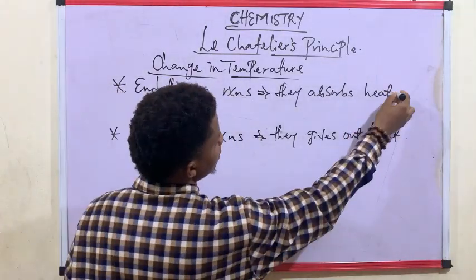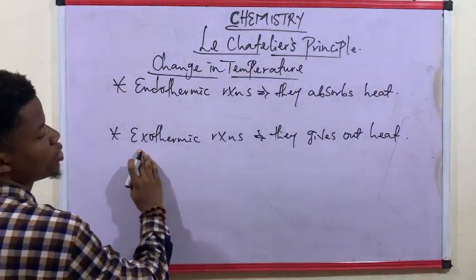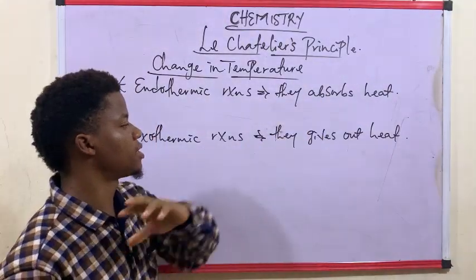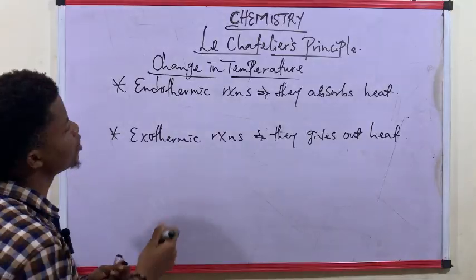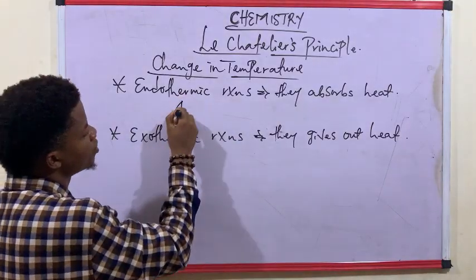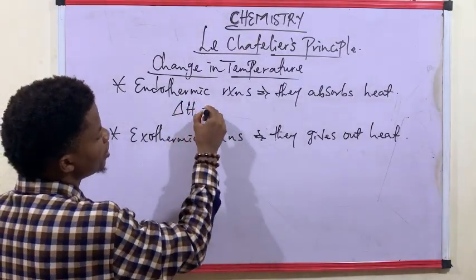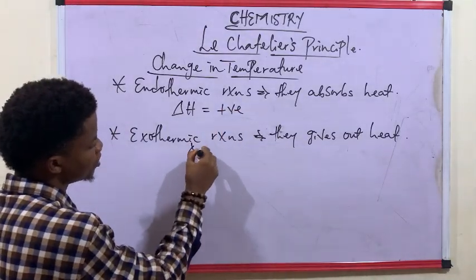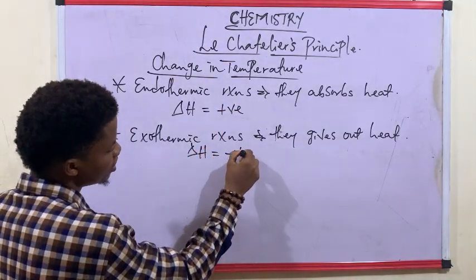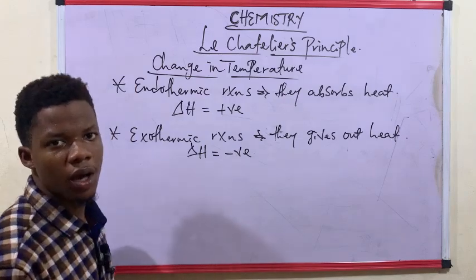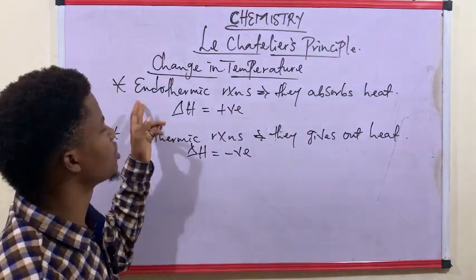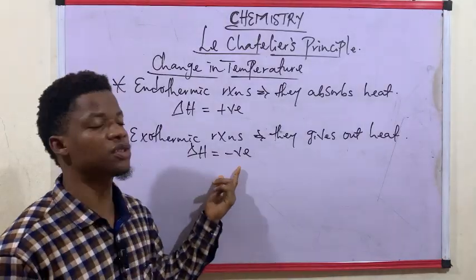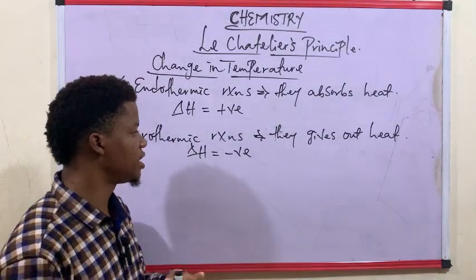So exothermic, exo gives out heat, endo absorbs what? Heat. Another thing you need to know: for endothermic reaction, delta H is positive, and for exothermic reaction, delta H is negative. Are you getting it? For endothermic reaction, delta H is positive, then for exothermic reaction, delta H is negative.